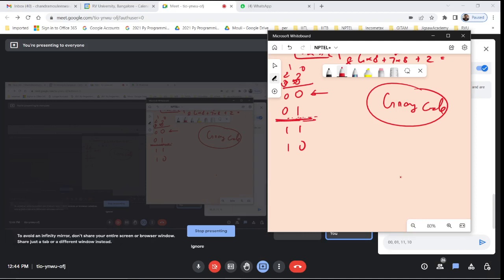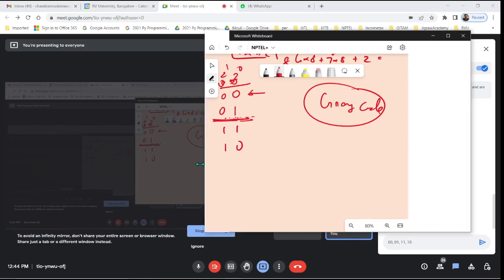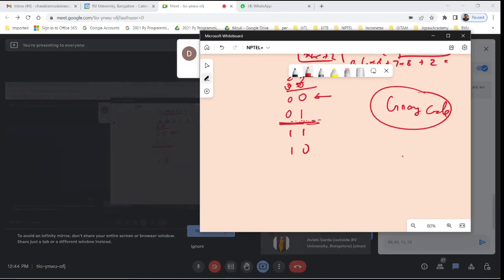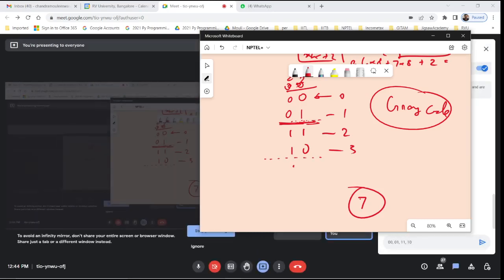Now, how do you expand it further? Let me do it once again, physically. Suppose this is 0, this is 1, this is 2, and this is 3. Now I want to know the value of gray code for 7. What I do is take a mirror image of this. Mirror image means 1, 1, then 0, 1, and 0, 0, exactly the reverse of this order.